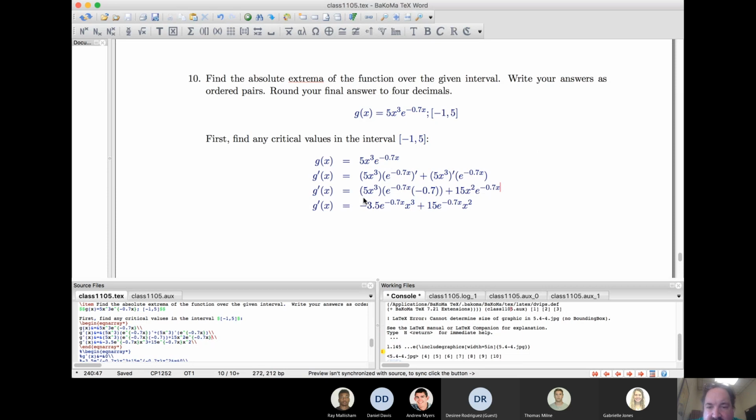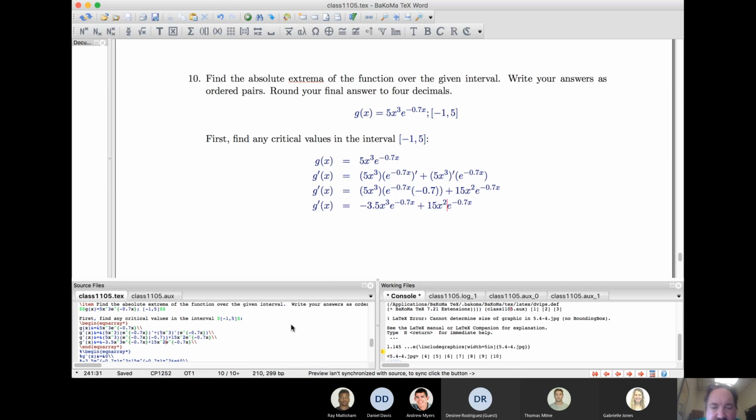So then to clean this up, we have 5 times minus 0.7, so that's minus 3.5, the exponential, and then this x cubed. Actually, I'm going to move the x cubed over here, just because it's how these things are normally written. All right, so there we have the derivative.